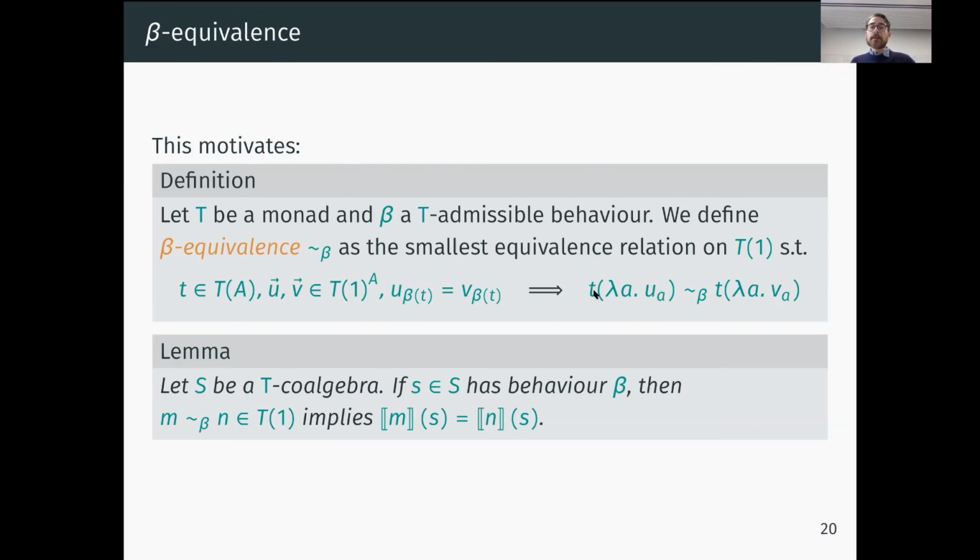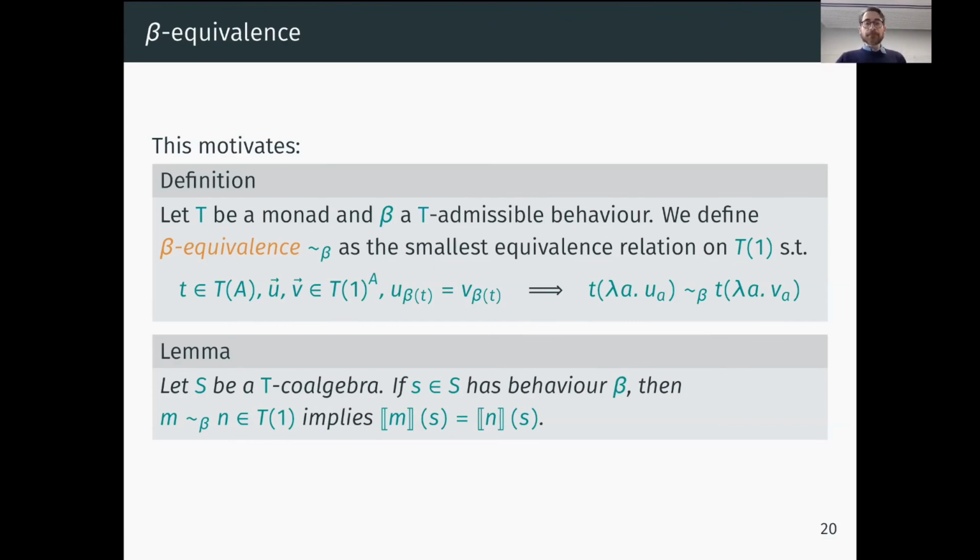So what that means is that when I run this thing here, starting from state beta, the first thing I do is figure out what this A should be. And to do that, I apply beta to T. And so I get, this will reduce to U beta T. And this will reduce to V beta T. And so if U beta T is equal to V beta T, then I'm always going to end up doing the same thing.